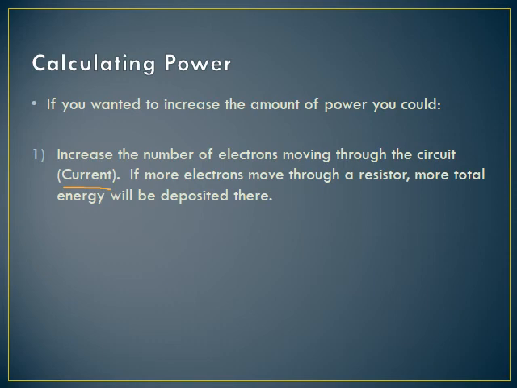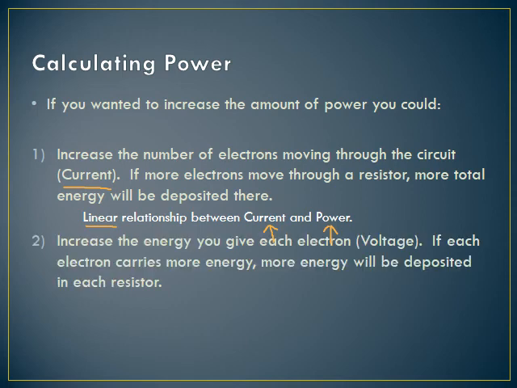If we have more electrons moving through the resistors, then more total energy will be deposited on those resistors. So as you increase the current, we're going to increase the power, and that means there's a linear relationship between current and power.